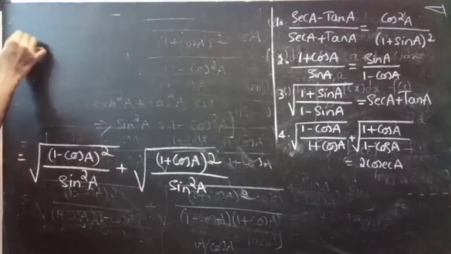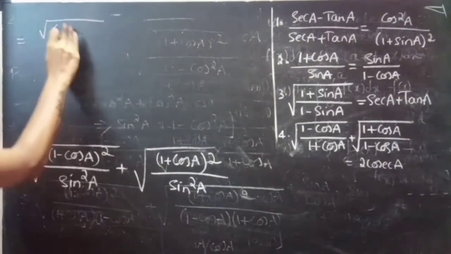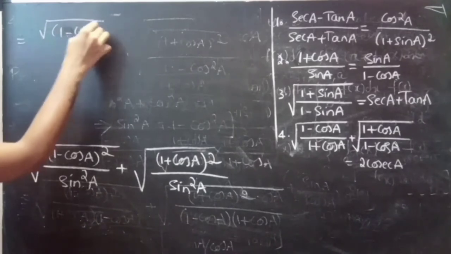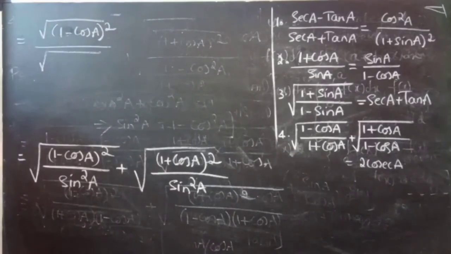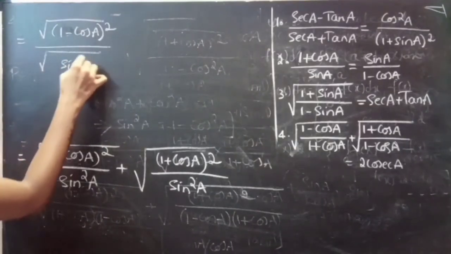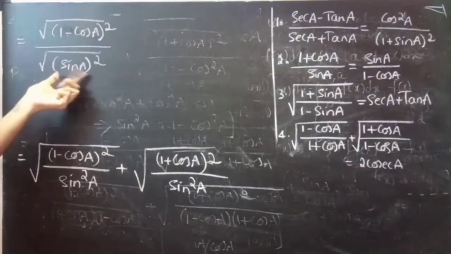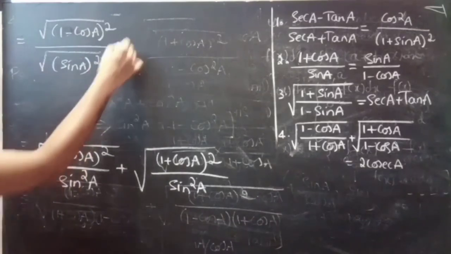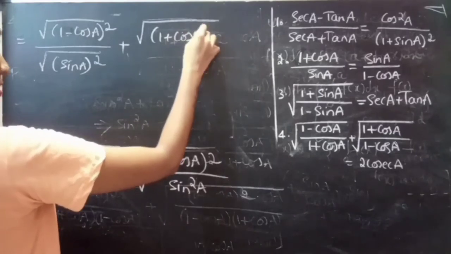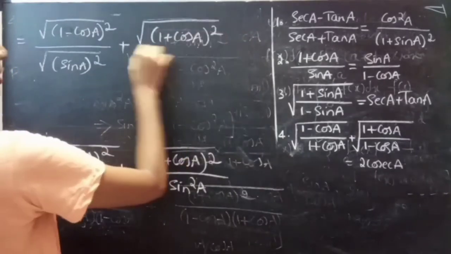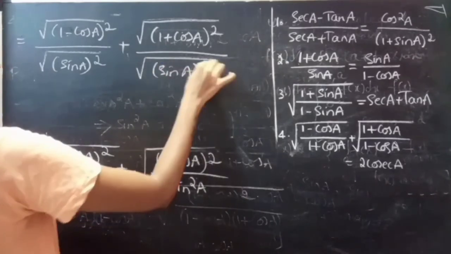So this equals square root of (1 minus cos A) whole square divided by root over sin square A, which can be written as (sin A) whole square, or else you can write it as sin square A. For my convenience, I am writing it as (sin A) whole square, plus root over (1 plus cos A) whole square divided by root over (sin A) whole square.